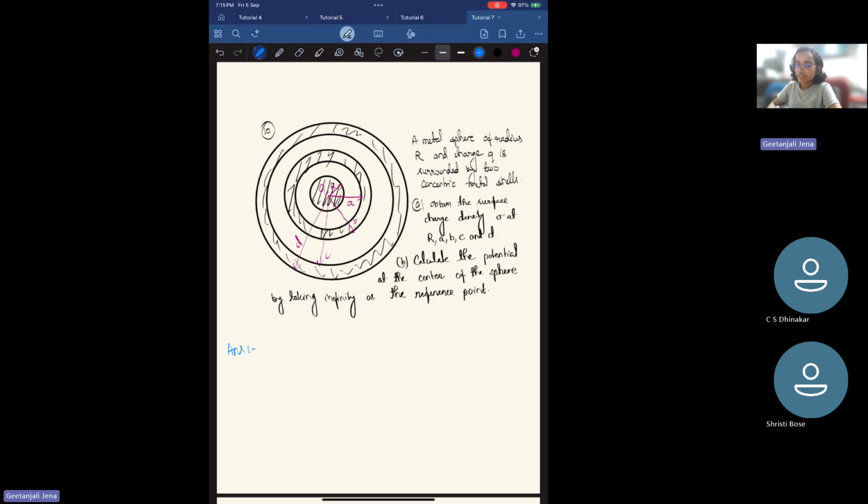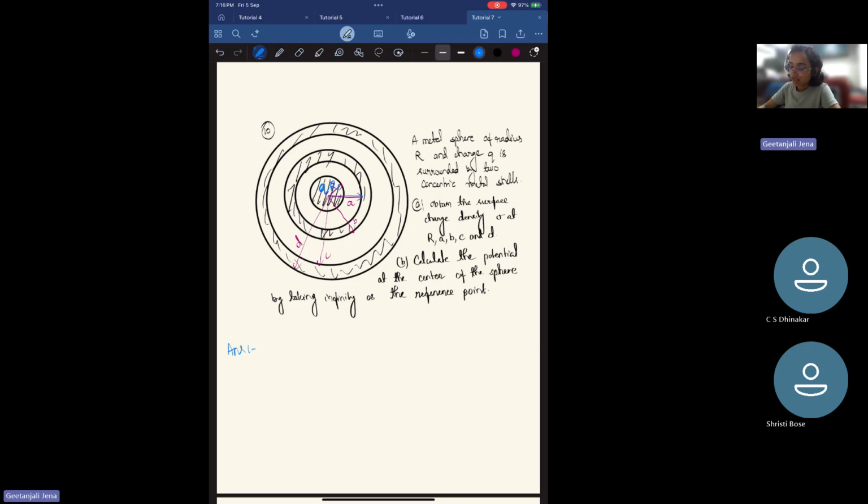Okay, so if it is clear, then let us move to question number 10. I think it's a metal sphere of radius r, and this sphere has charge Q, which is surrounded by two concentric metal shells.